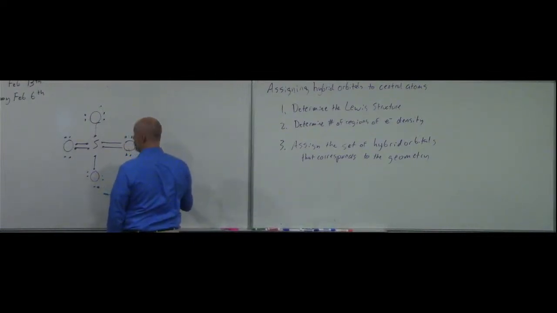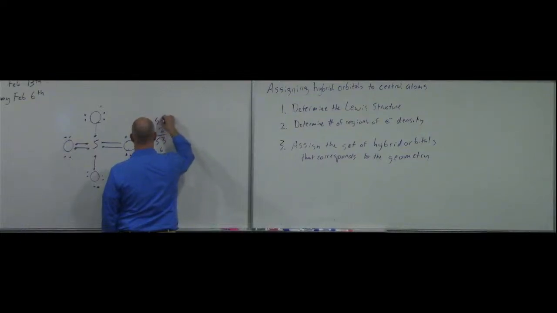So sulfur has how many electrons total? 16, right? So you're looking at 1s having 2, 2s having 2, 2p having 6, 3s having 2, and 3p having 4.